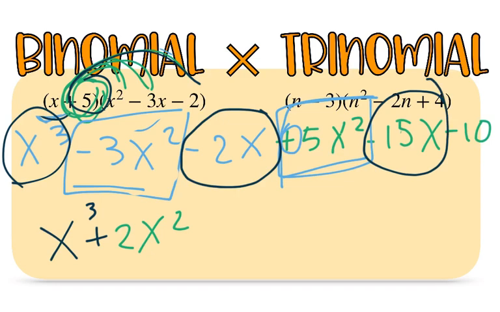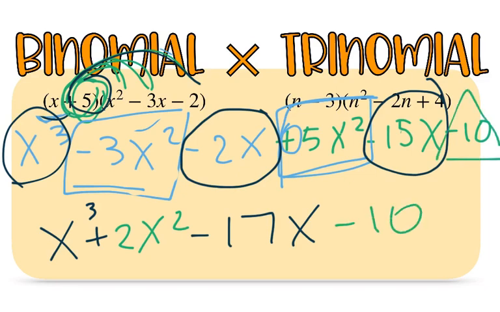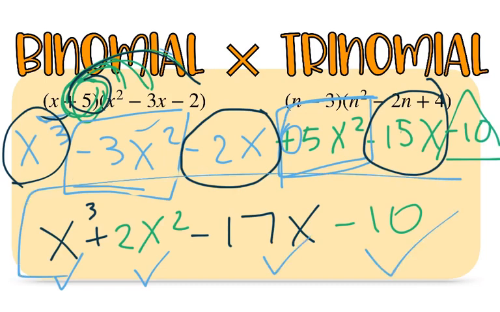That would combine together to give me negative 17x. And lastly is I had this regular number down here, and there's no other regular number, so that cannot combine together. So I have an x cubed term, I have an x squared term, an x term, and then a regular number. So this is a polynomial with 4 terms, ends up being my final answer.